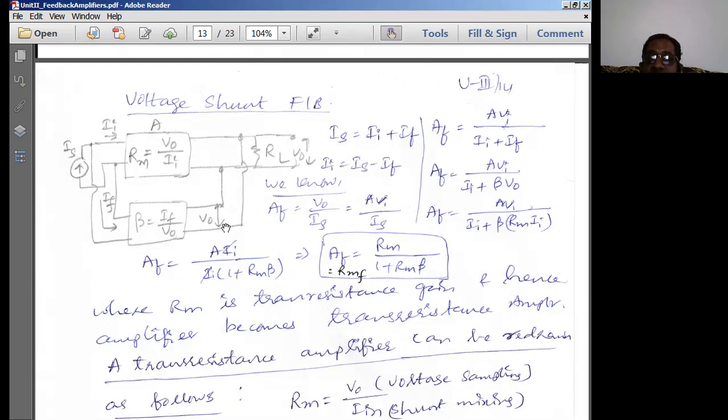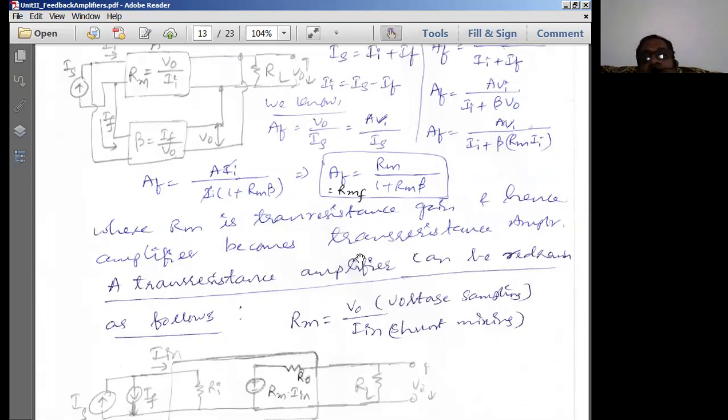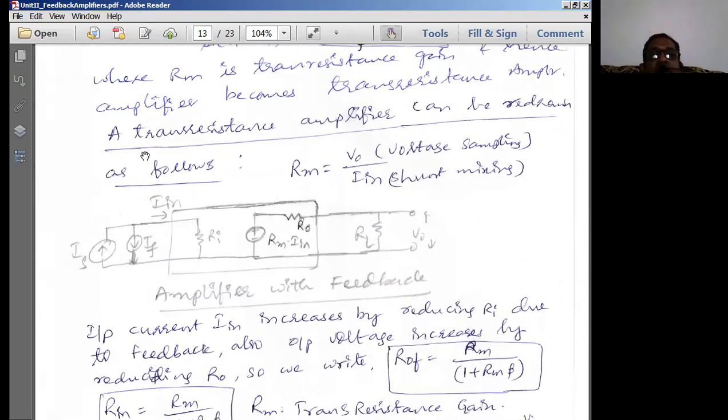A current controlled voltage source. Here RM is a trans resistance gain and hence the amplifier becomes a trans resistance amplifier. Now a trans resistance amplifier can be redrawn as follows.